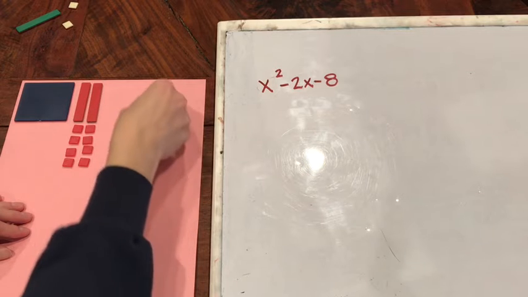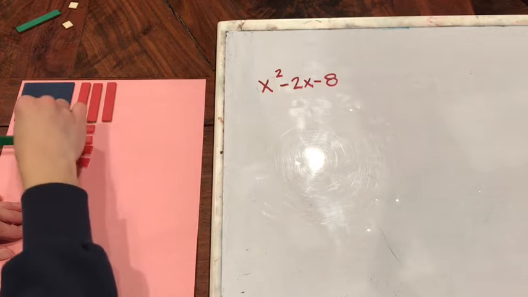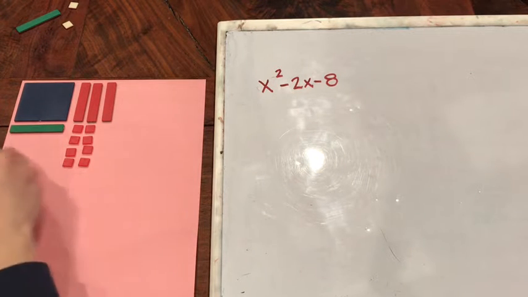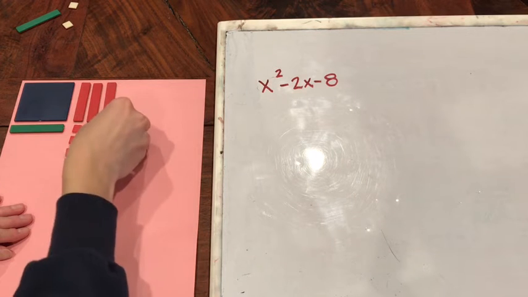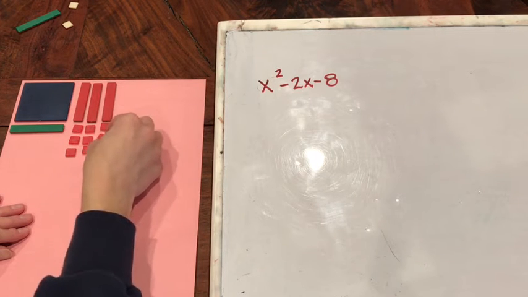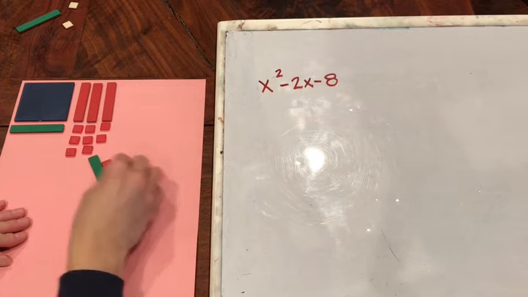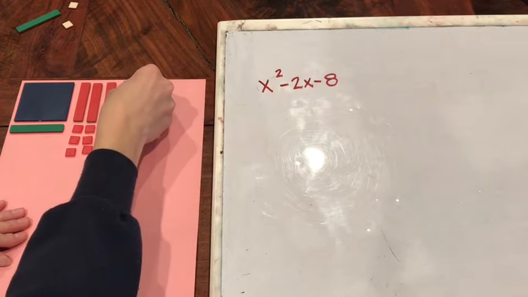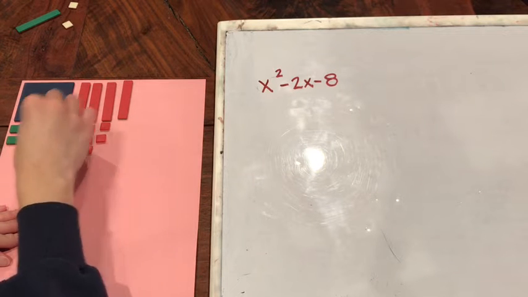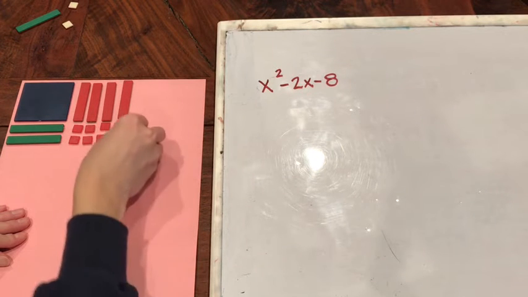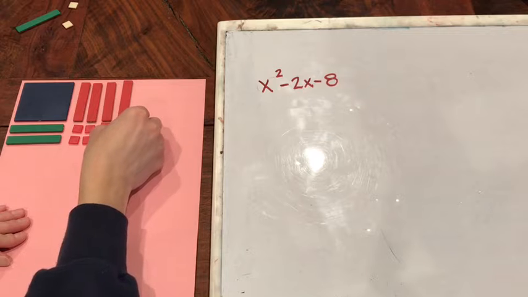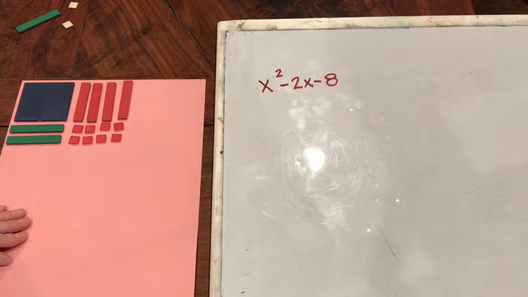I'm going to want to line up my negatives with negatives and positives with positives. So I'll put this one down here. That means I could move these two over here, but I still have some extra ones. So I'm going to add another 0 pair. I'm going to put the negative up here and the positive down here, and let's see if I can rearrange these. I can.